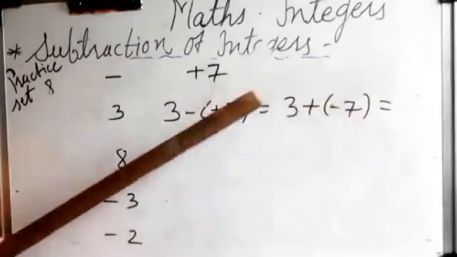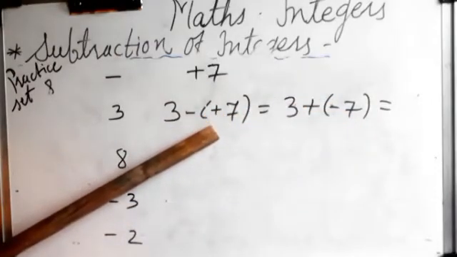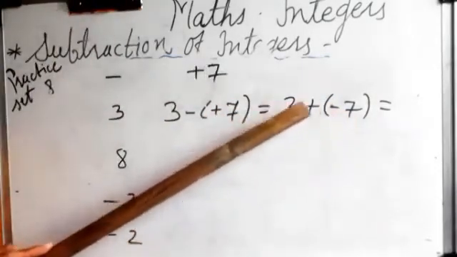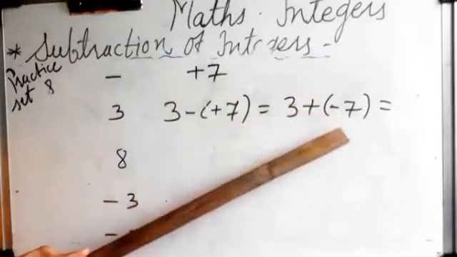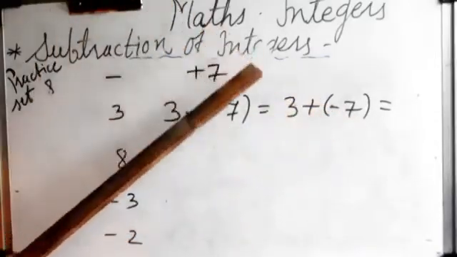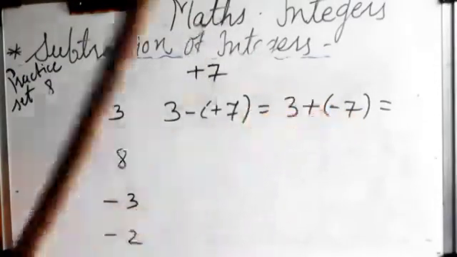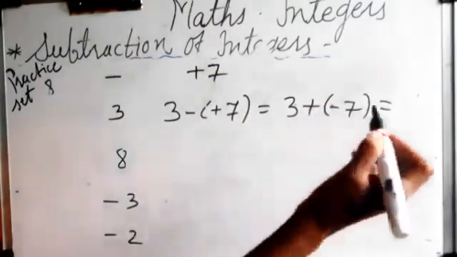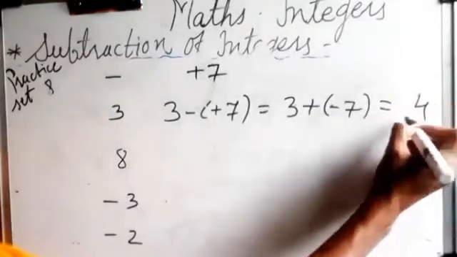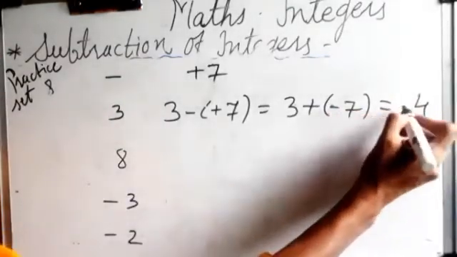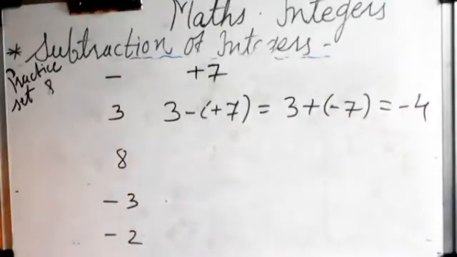Don't forget to take the opposite of this second integer. Then check out here, 7 and 3 signs. Signs you have to check, it is very important, students. So different sign, take the difference. 7 minus 3, 4. What is the bigger number? 7. It contains minus sign. So answer is minus 4.